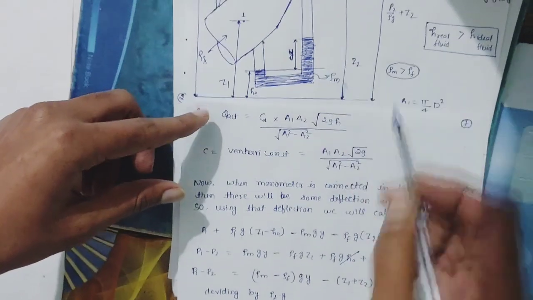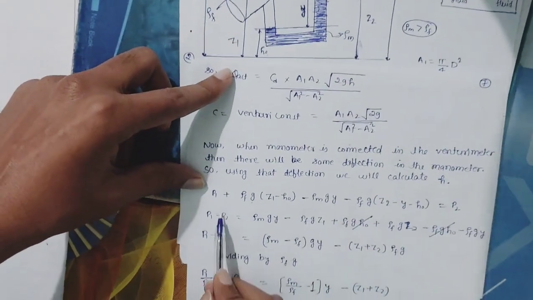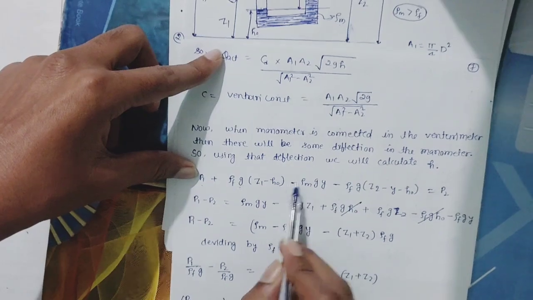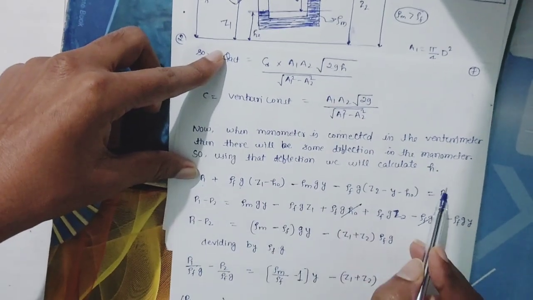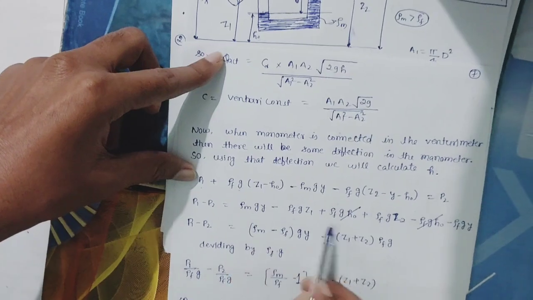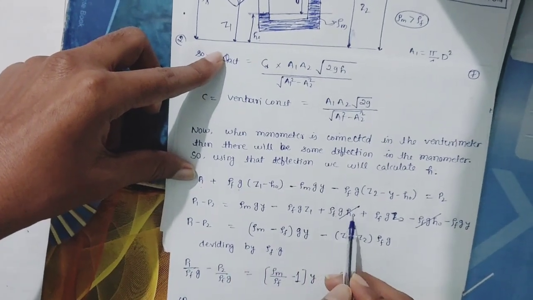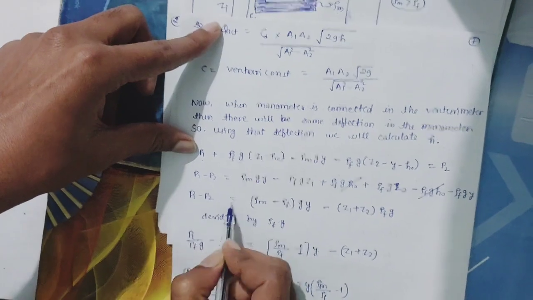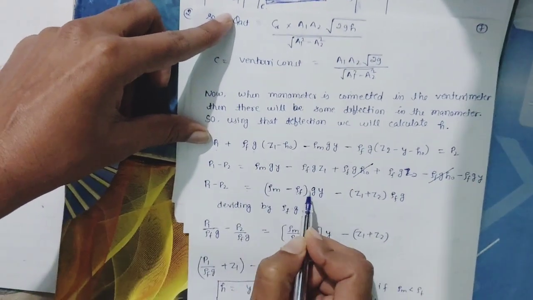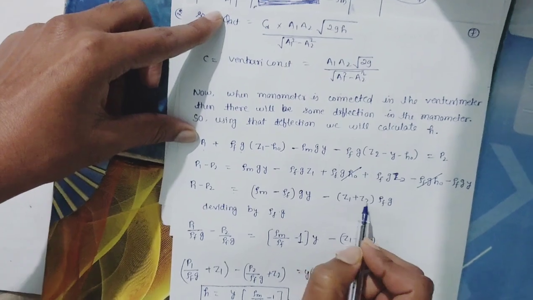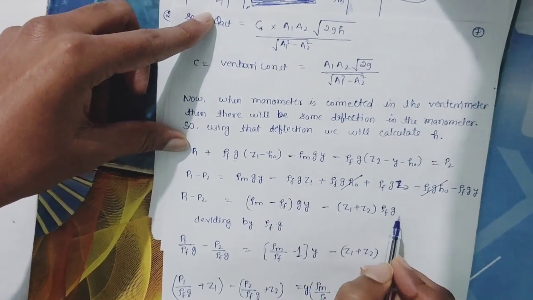So after rearranging, P1 minus P2 equals rho m, we are shifting these terms to this side, so we will get this equation. From here rho f into g into H0 will be cancelled out. So after rearranging, P1 minus P2 equals rho m minus rho f into g into Y, minus in bracket Z1 plus Z2 into rho f into g.